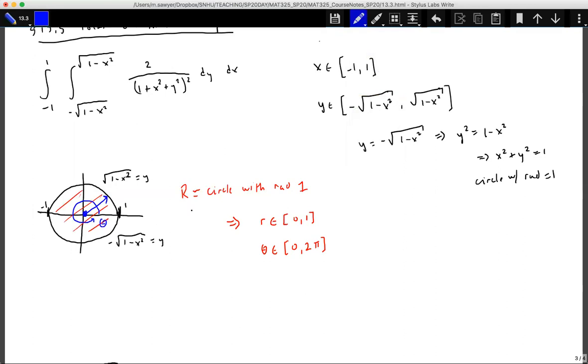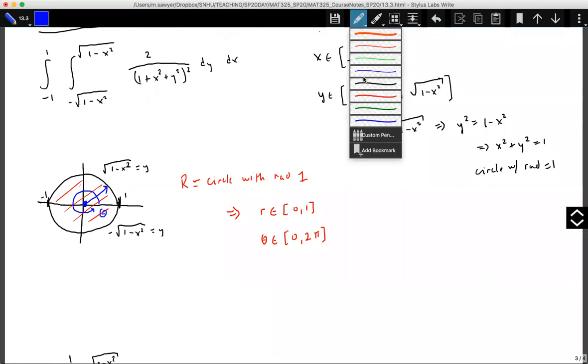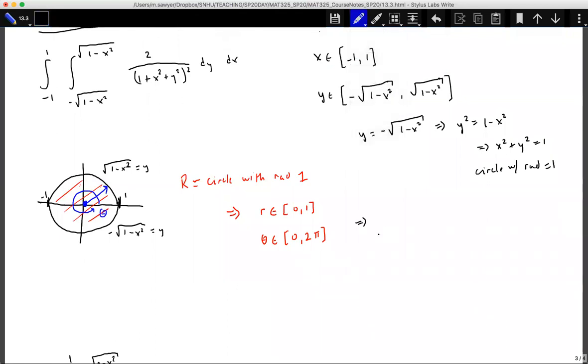So this is nice because now we can rewrite our integral as the integral from 0 to 2 pi, from 0 to 1. Remember, theta is on the outside and r is on the inside. 2 divided by 1 plus r squared, quantity squared, because x squared plus y squared equals r squared, and then the Jacobian, r dr d theta.